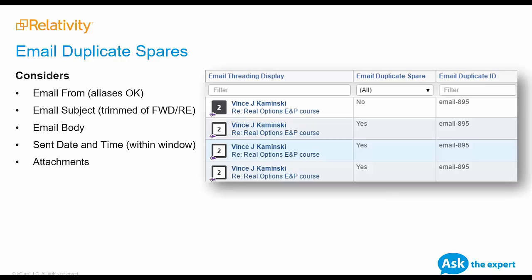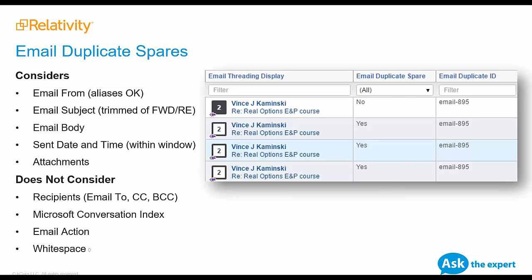All right, so then just quickly on the duplicate spare concept. The system is going to flag emails as duplicate spares if they have the same content in the email from, the subject, the body, the sent date and time, and the attachment, so that by looking at just one of a set of duplicates, you're reviewing all the content contained in that email.